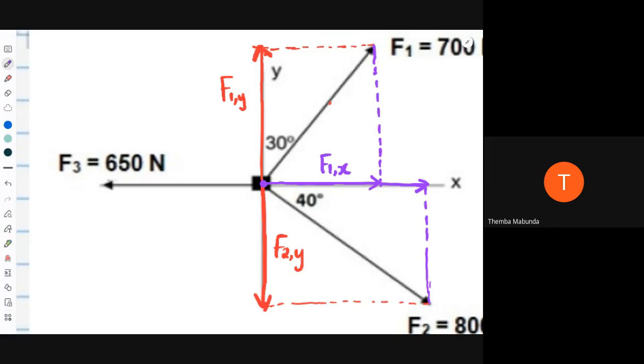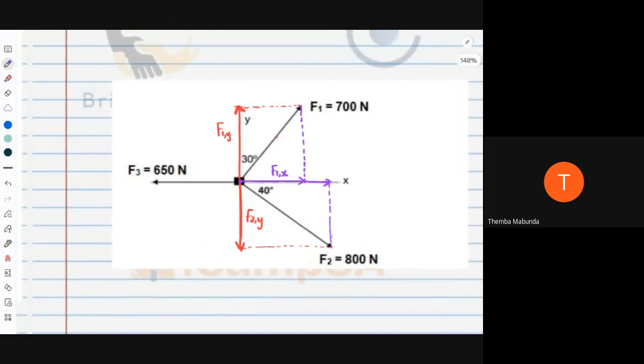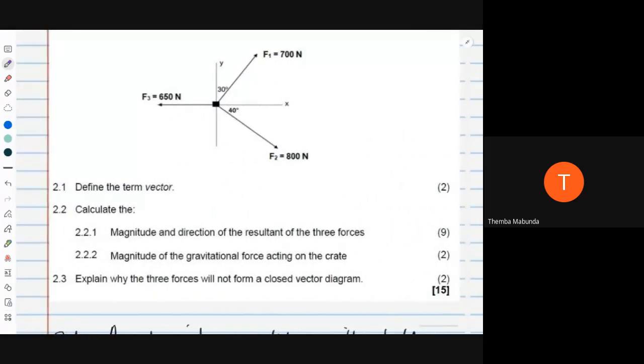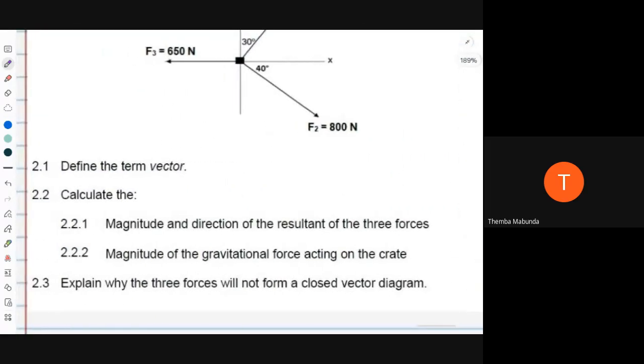Yes, I can hear you. Yeah, so I want to see 2.2.1. My internet just disconnected. You want to see what the question was? 2.2.1. This is 2.2.1. Can you see it? Yeah, have you guys already done the answer or? No, we are working towards it now. Okay, thanks. Yes, sir.